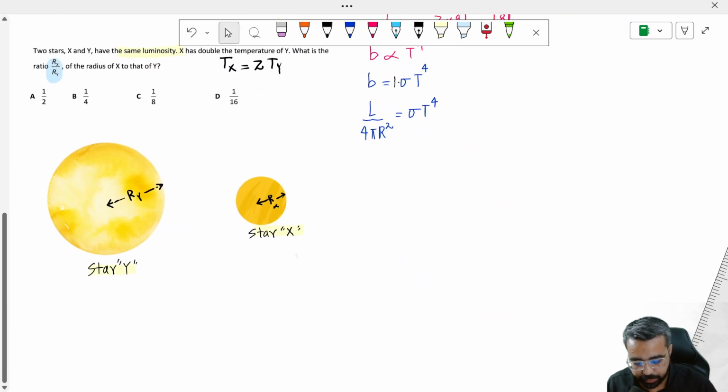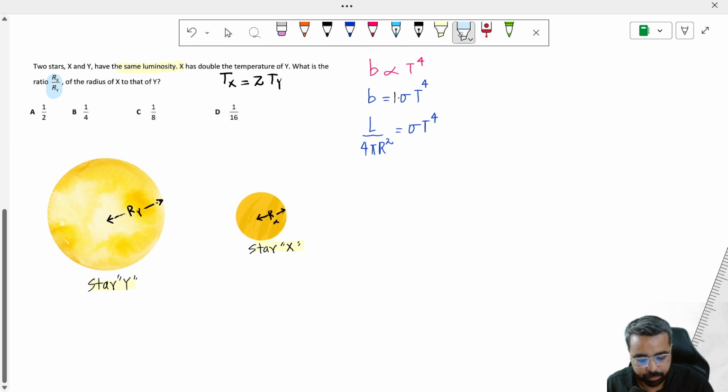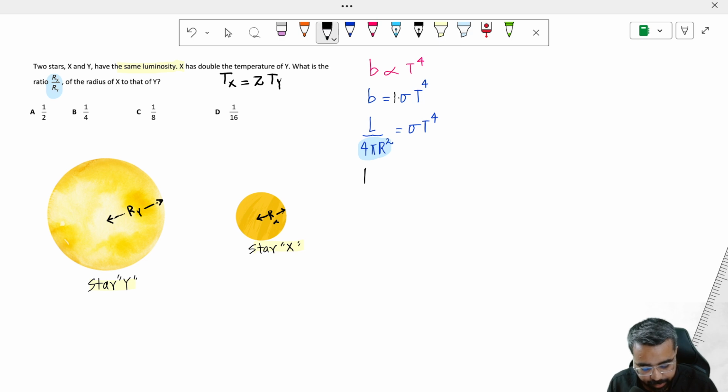But right now I'm writing 4 pi r square because this is the area of this spherical star. So what formula do we get from here? L is equal to sigma into 4 pi r square T raised to power 4.